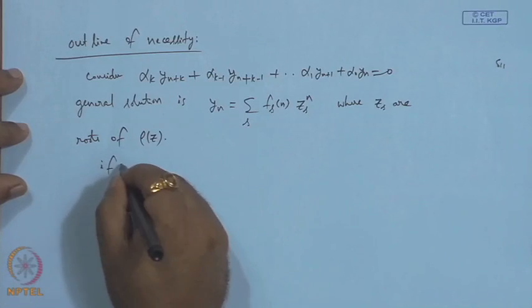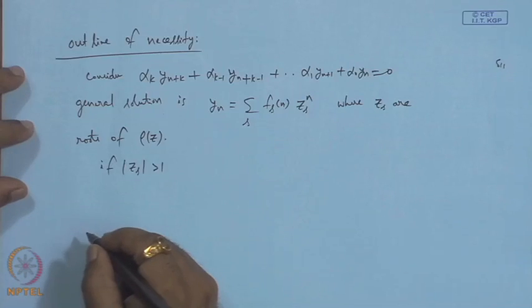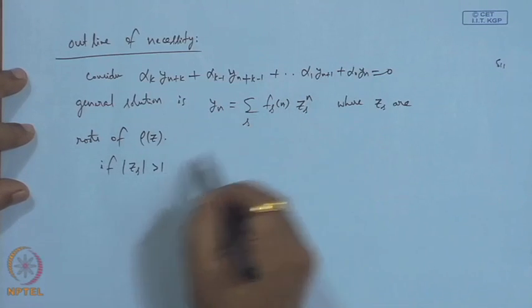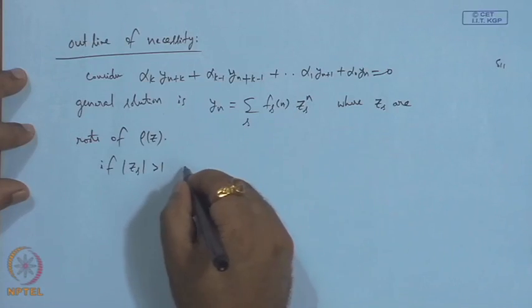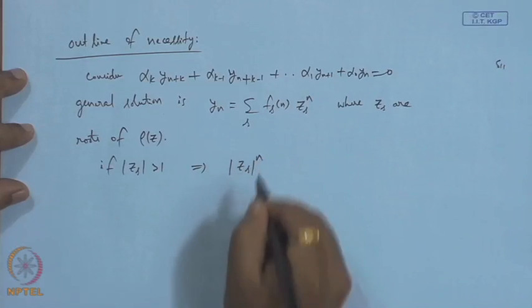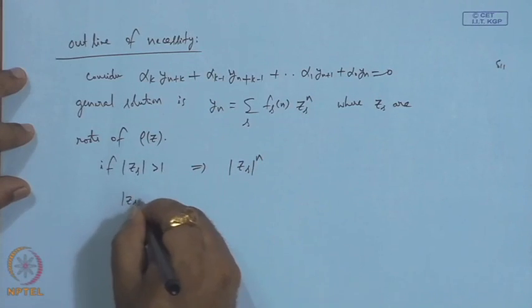Now, if the magnitude is greater than 1, this suggests what will happen to this solution, and we also consider other cases.